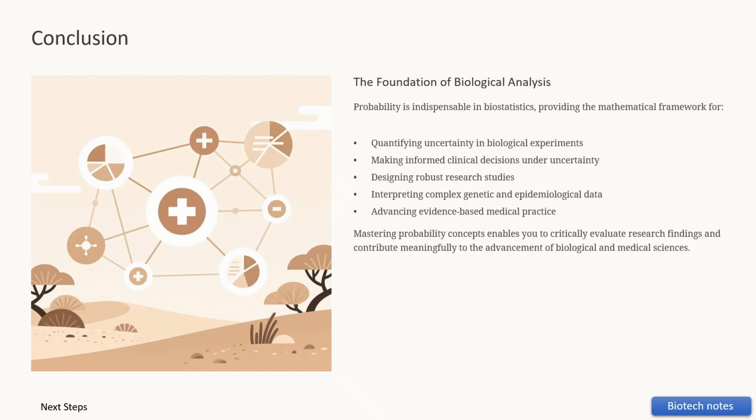Mastering probability concepts enables you to critically evaluate research findings and contribute meaningfully to the advancement of biological and medical sciences.